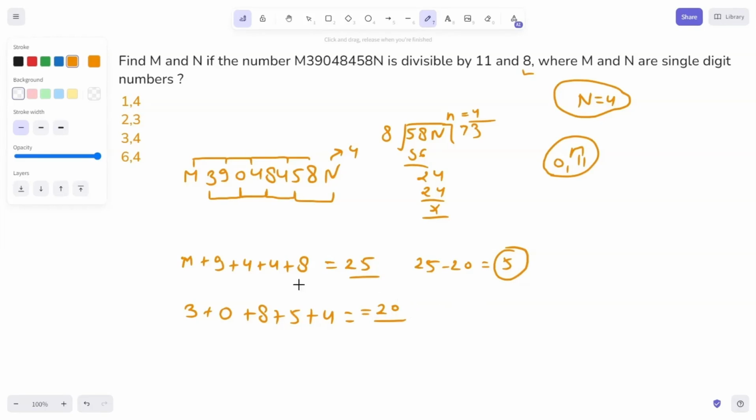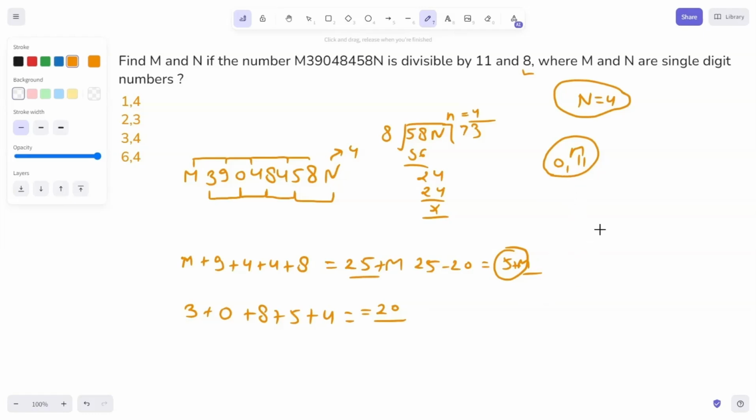Because we have 25 plus m, 25 minus 20 is 5, so the difference is 5 plus m. What will be the value of m so that when we check the difference after applying it, the difference is 0 or a multiple of 11?